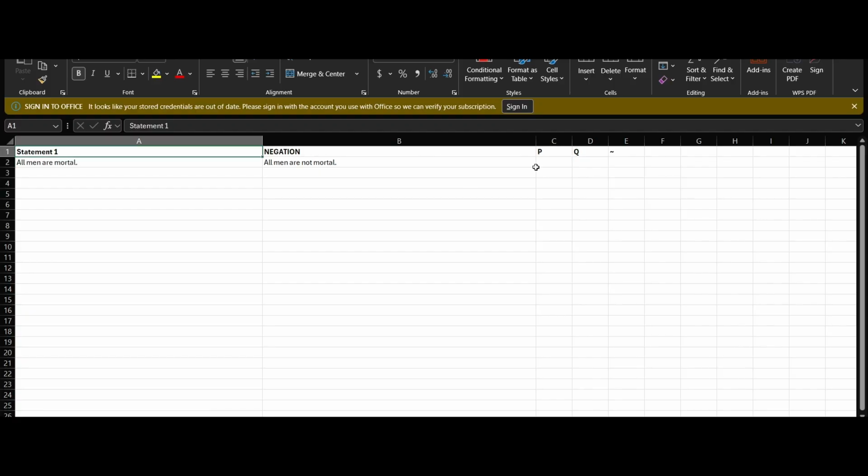So this is statement one. P will stand for statement one, and Q will stand for statement two. So we have statement one over here, which says that all men are mortal. It's true. Then the negation of that will be false.